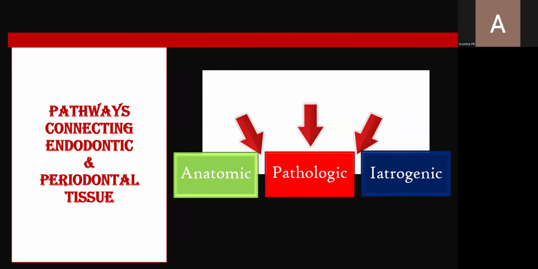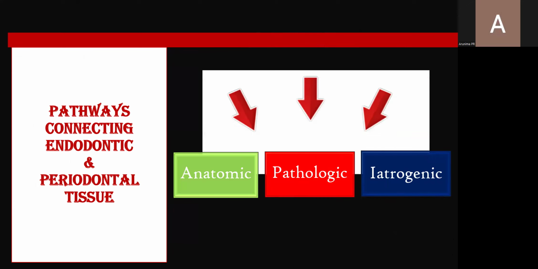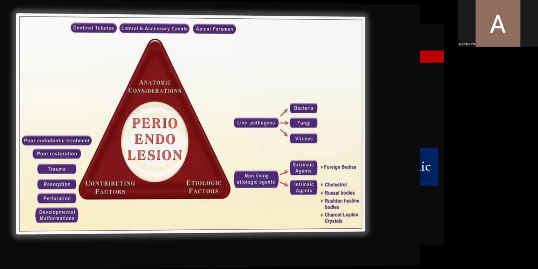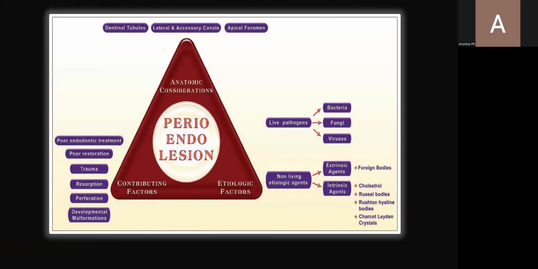So what are the pathways connecting endodontic and periodontal tissues or lesions? We can categorize the pathways into anatomic, pathological, and iatrogenic. Predominantly these are the anatomic considerations, the etiological factors and contributing factors.